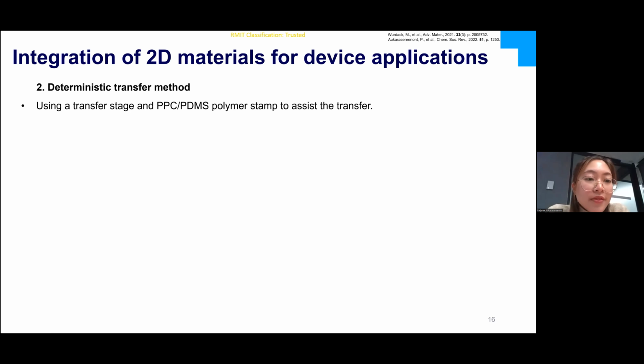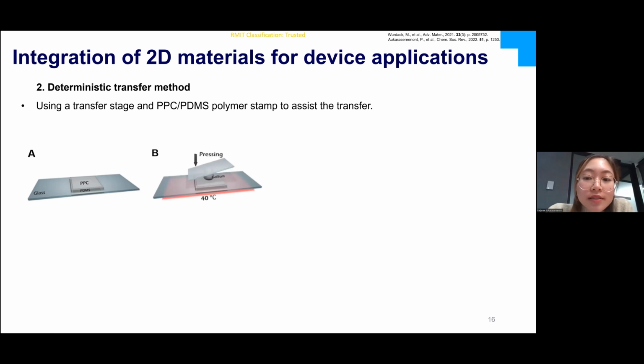To work with this method, you would need a transfer stage equipped with a microscope and a heating and cooling system, and also PPC and PDMS as polymer stamp to help with the transfer. The way it works is, first, the polypropylene carbonate, or PPC, which will be used as a sacrificial layer, is spin coated on top of the elastomer stamp made from PDMS.